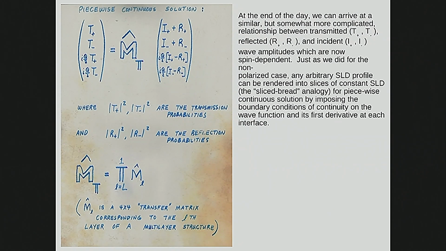And if you use a polarized beam, not only do you know the magnitudes of the moments, but the directions in which they point in space. So you get the full vector magnetization depth profile in addition to the nuclear scattering density depth profile by using polarized beams.